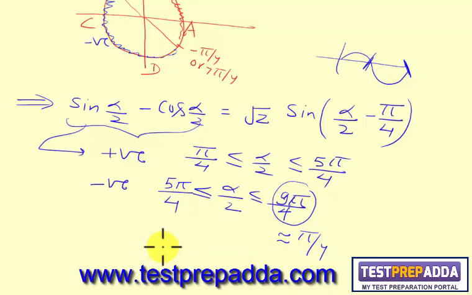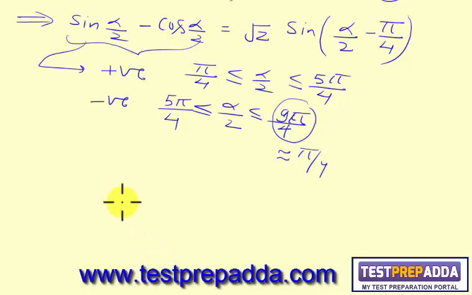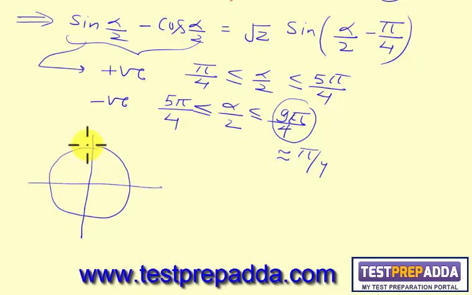Okay, so diagrammatically if I try to explain, I'll take a circle again. This is point A, this is point B, this is point C, this is point D. In this diagram, this is pi by 4.